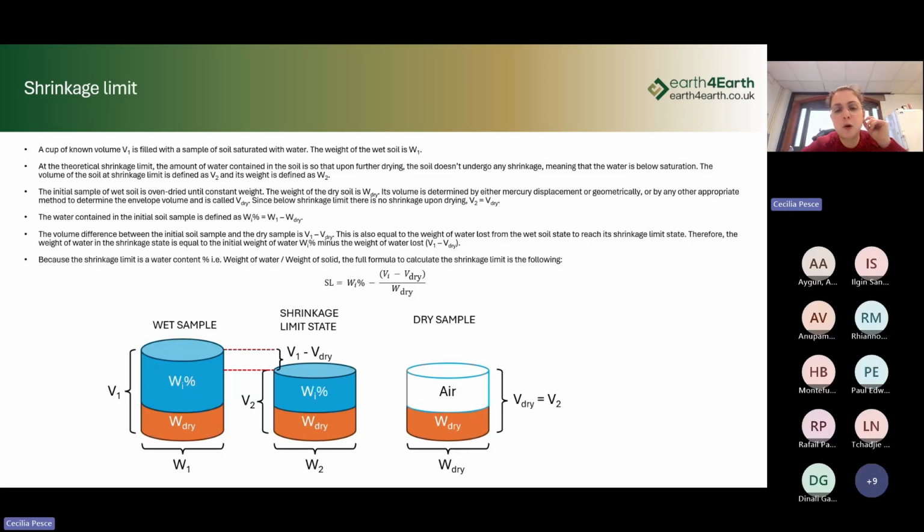But we assume that the volume of this soil is the same volume as the soil at its shrinkage limit state, because if you remember, we said that when it's not saturated with water, the soil won't increase in volume by adding more water. So with this assumption, we can calculate with this formula the water content of a specific soil at its shrinkage limit state.